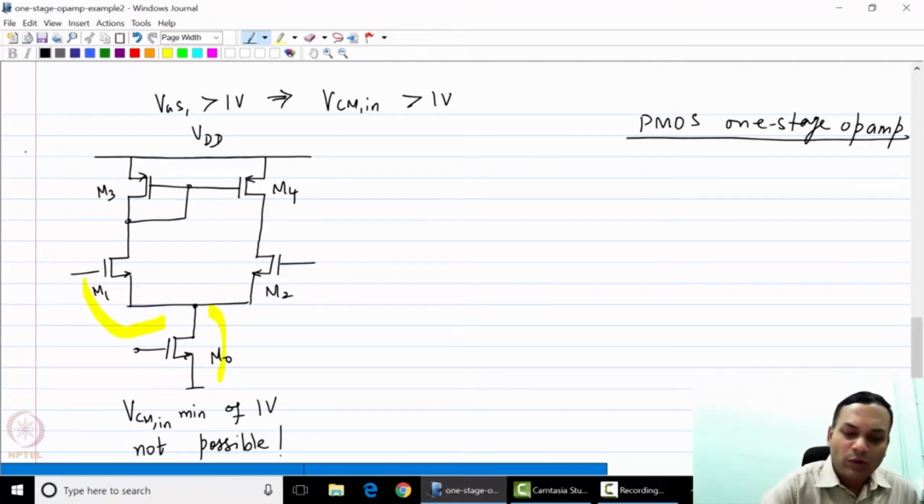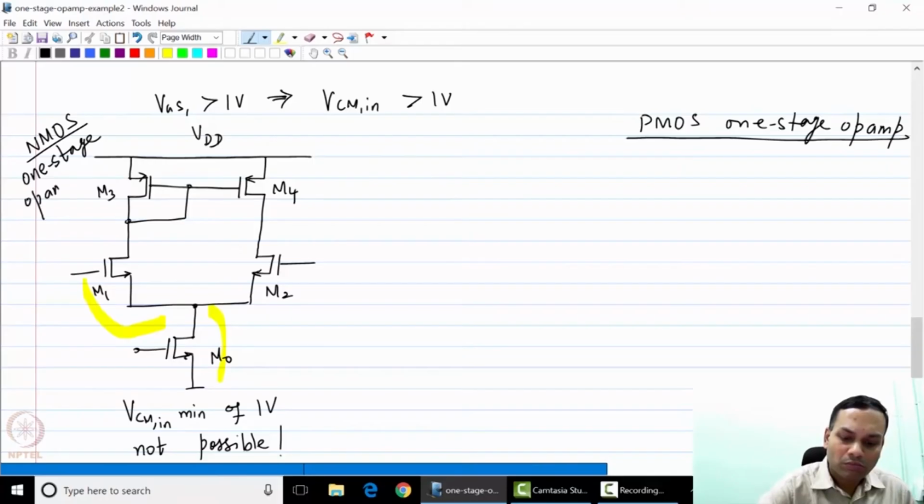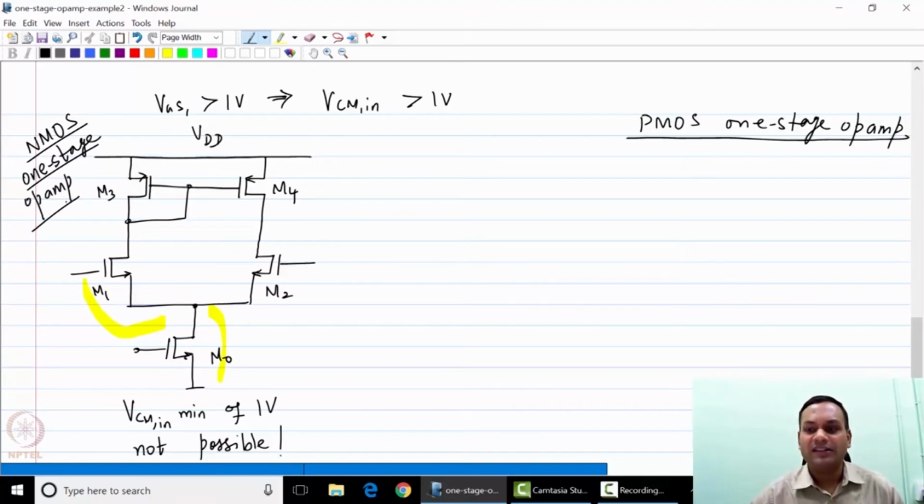So far we have been looking at the NMOS one stage op amp. Clearly that will not work in this particular design example. So let us build the PMOS one stage op amp.